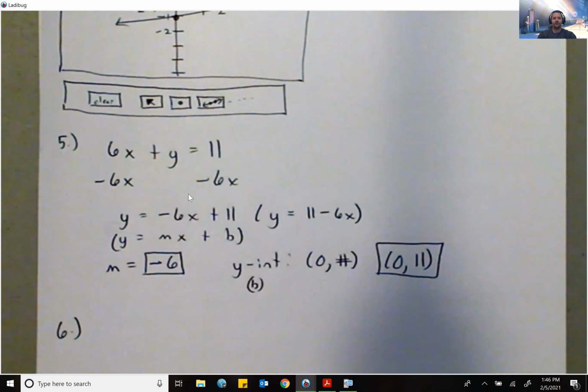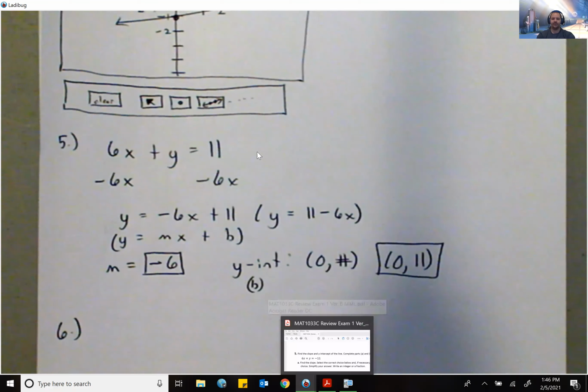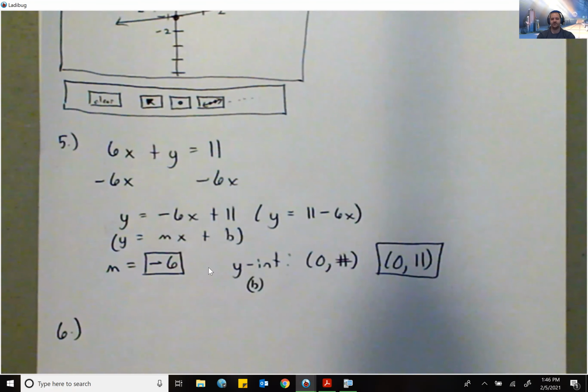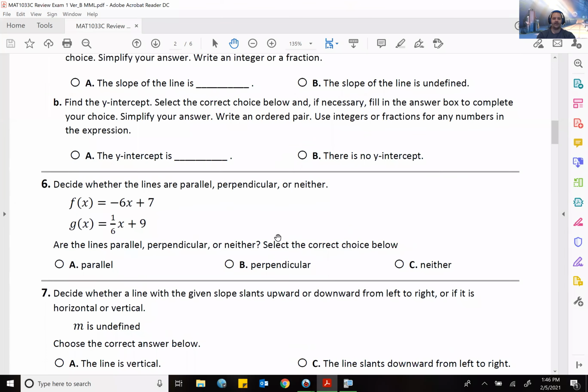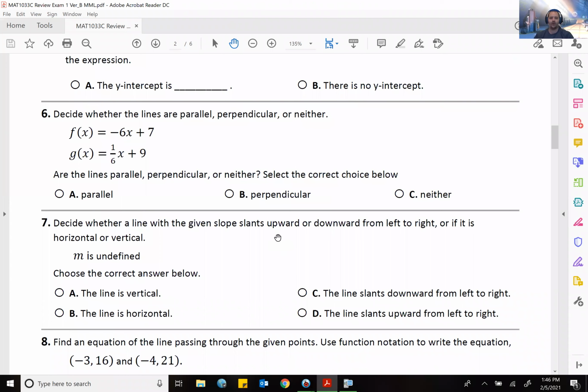So again, you learned that information in the graphing linear functions section. You also reviewed it in the slopes of linear equations, linear functions section as well. All right, number 6, they want to know if these are parallel, perpendicular, or neither.